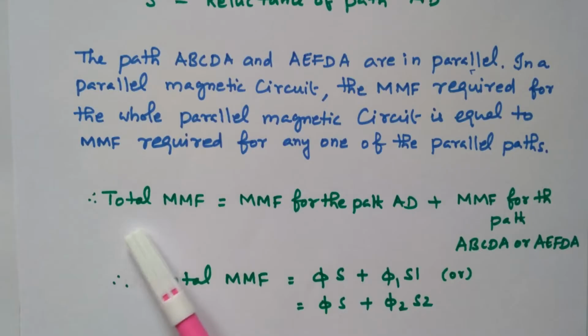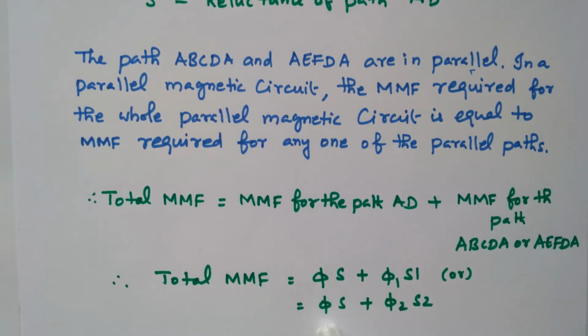That is, total MMF equals MMF for the path AD, the common path, plus either ABCDA or AFEDA. So it is the common path plus any one of the parallel paths. We can write pi into S, the total flux in the common path, plus pi 1 S1 for the first part, ABCDA.